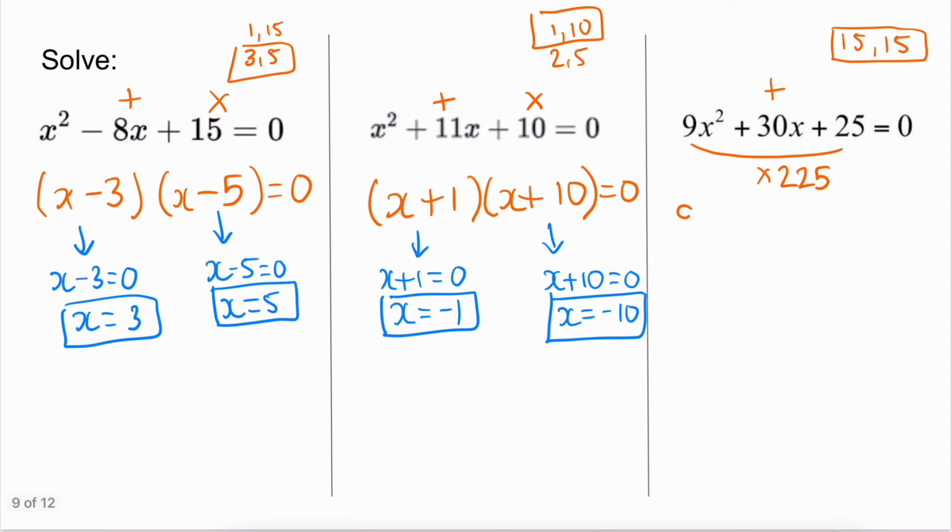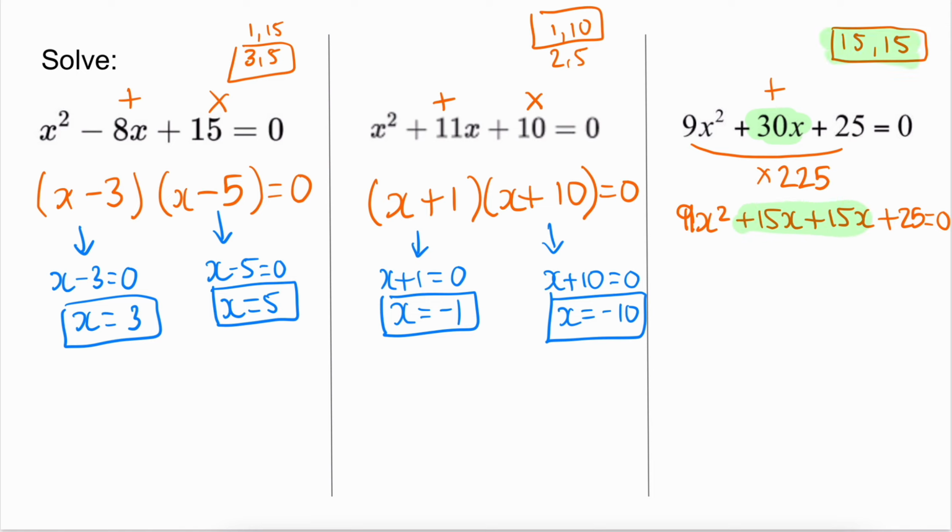So I'm now going to rewrite my whole equation, if you remember doing this earlier, plus 15x plus 15x. So I'm replacing that middle term with the two terms that I've just found. Okay, so all I've done there is replace this 30 with the two 15s that I found here. And now I'm going to split that equation in half.